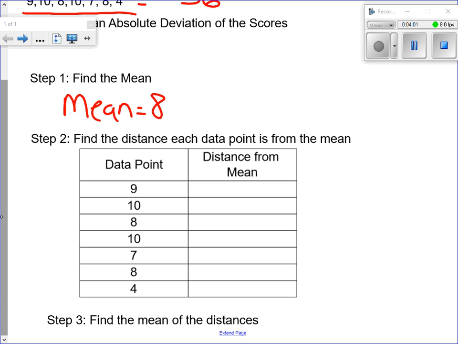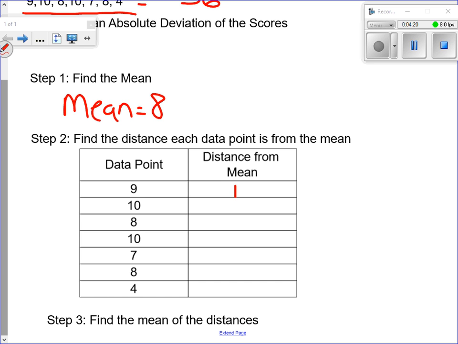Step number 2. You find the distance each data point is from the mean. Meaning, if it was on a number line, how far away is it? How far is 9 from 8 on a number line? 1.